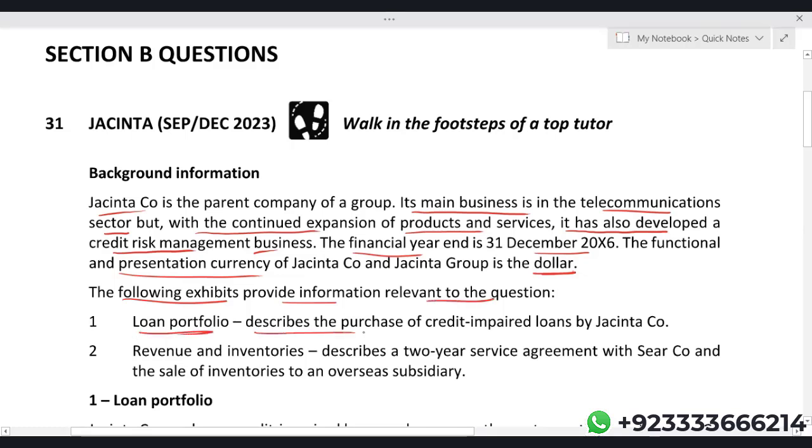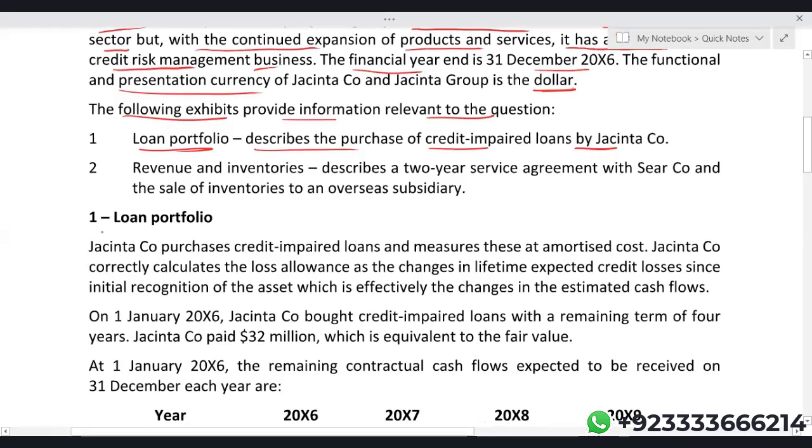Loan portfolio describes the purchase of credit impaired loans by Jacinta Company. Then we have revenue and inventories. Let's deal with this loan portfolio. Jacinta Company purchases credit impaired loans and measures these at amortized cost, IFRS 9.